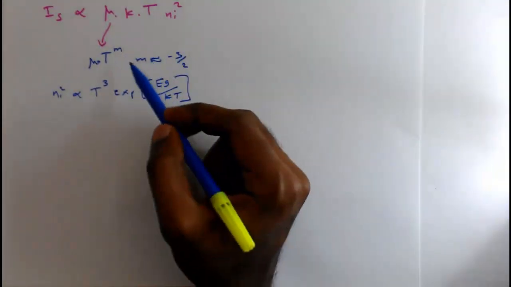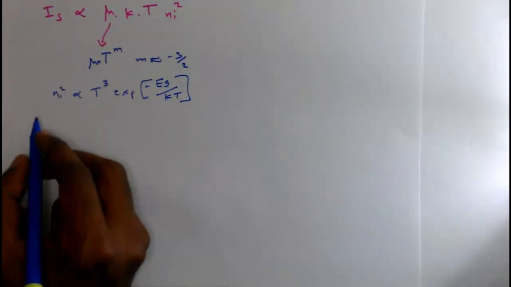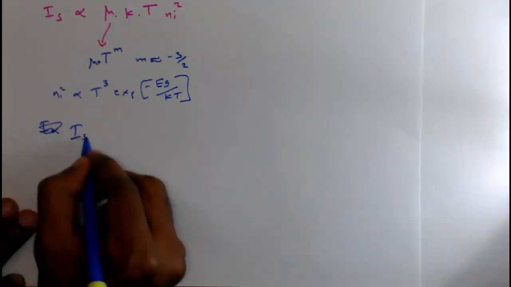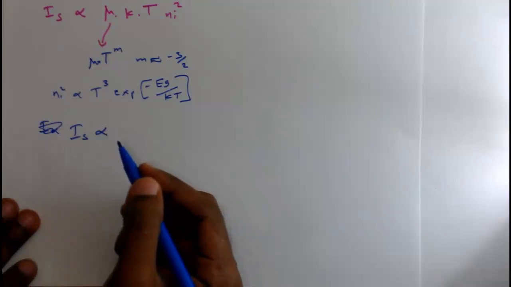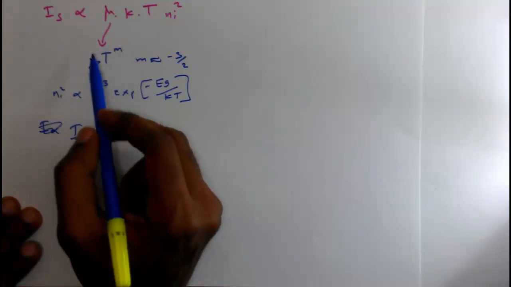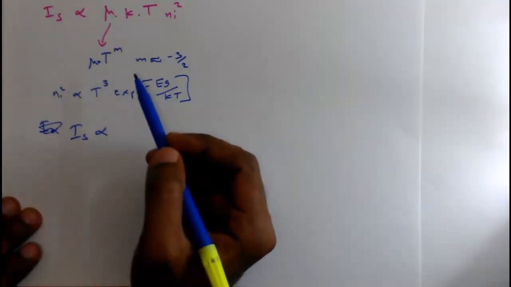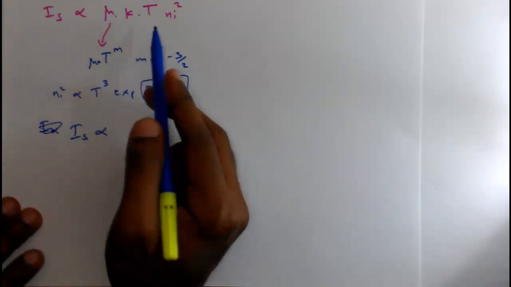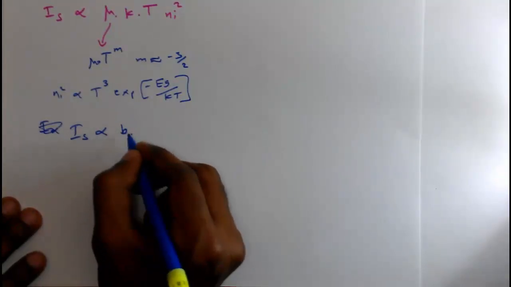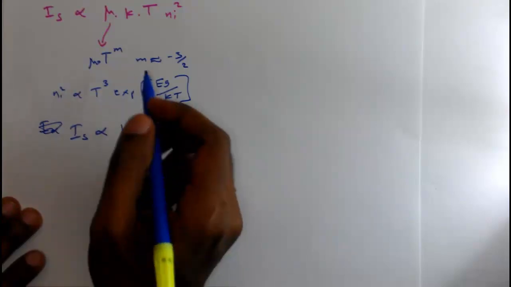So we want to combine all these terms so that we can write Is is proportional to the constant like mu 0 and K, all of which I am bringing to one single constant named B. So this B represents all the constants.